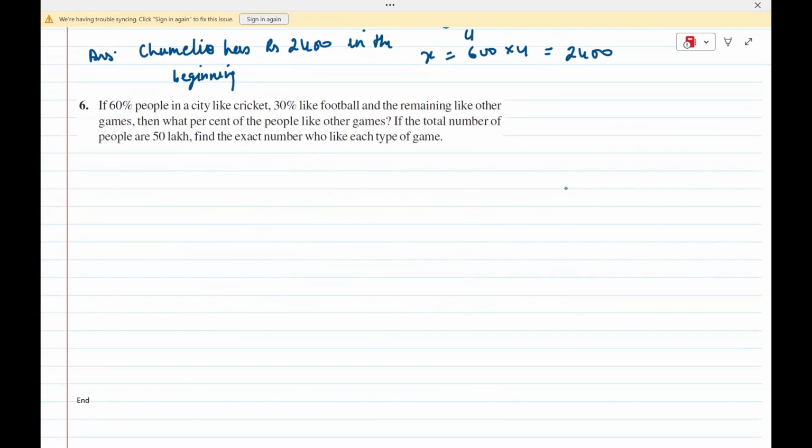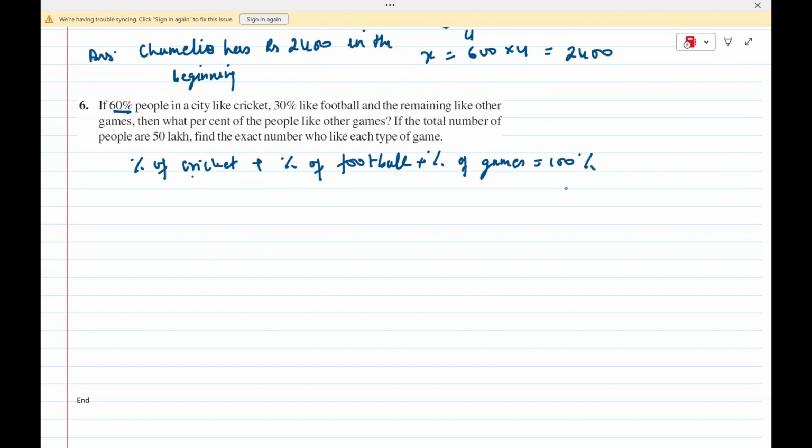If 60% people in a city like cricket, okay, so these are cricket people, 30% like football, and the remaining like other games. So see, the total population is a mix of all these. So total percentage is 100, means percentage of people who like cricket plus percentage of people who like football plus percentage of other games has total 100 percentage.